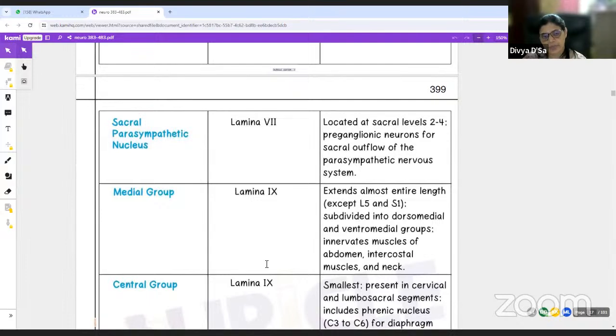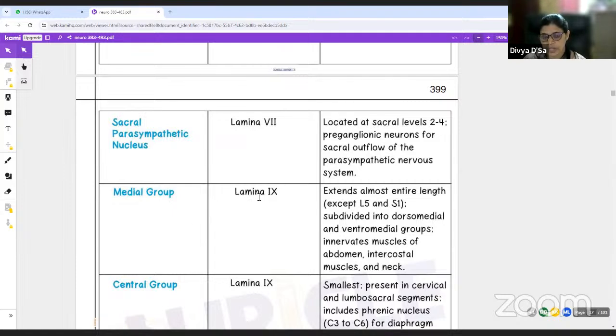Then we have the sacral parasympathetic nucleus, lamina 7, located at sacral levels 2 to 4. It has the preganglionic neurons for sacral outflow of the parasympathetic nervous system.